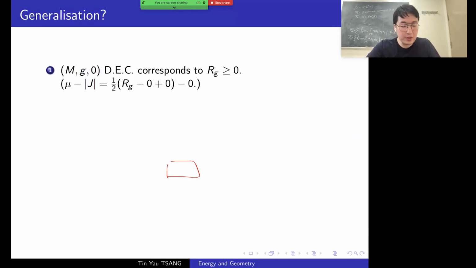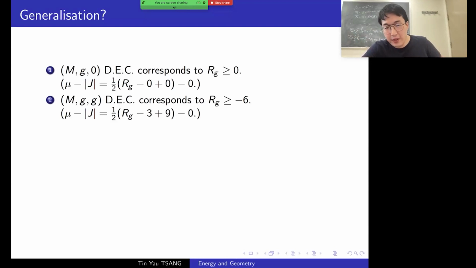So now, after we know initial data sets and the energy, we can think about how to formulate the question about how to embed a compact set into Minkowski space. First of all, if you consider (M, g, 0), which means it's time symmetric, just by direct computation we can tell that the dominant energy condition, DEC, corresponds to non-negative scalar curvature.